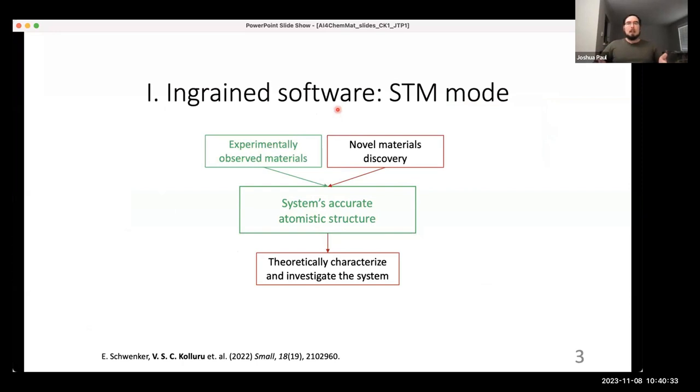So for the STM images, we have the experimentally observed structure, the STM image, and we have the desire to discover the phase for that underlying structure. So we use various tools in order to actually make that comparison, and as a result, characterize the underlying structure of the STM image.